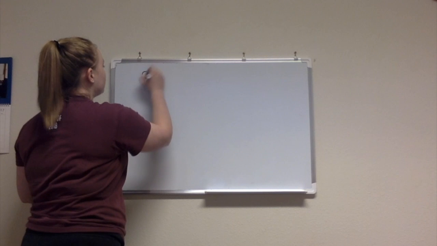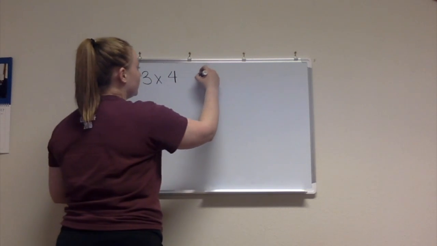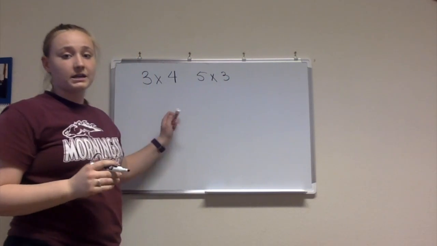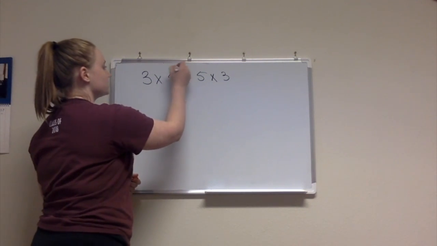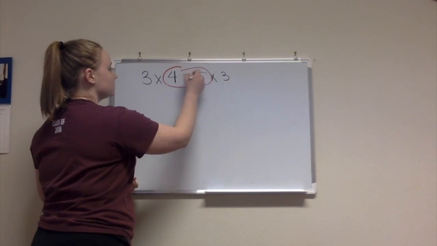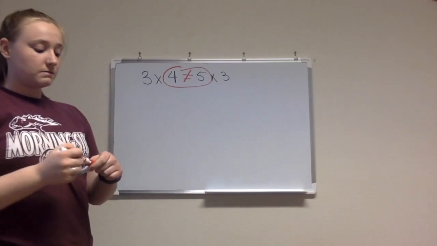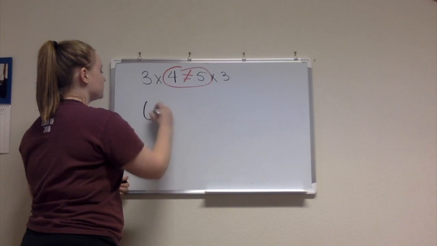We're going to have a 3 by 4 and a 5 by 3. Yet again, I circle my inside numbers, but I know that these are not equal, so I cannot multiply them.